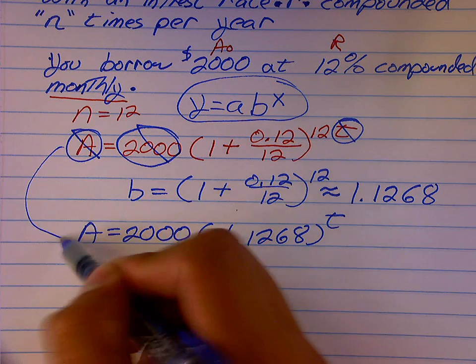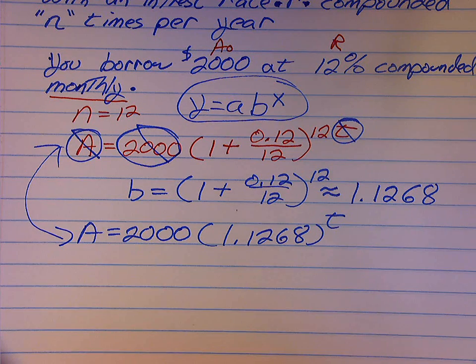The blue formula and the red formula are the same, except for a small rounding error in my calculator. That means 12% compounded monthly will cause my debt to grow by 12.68% a year.